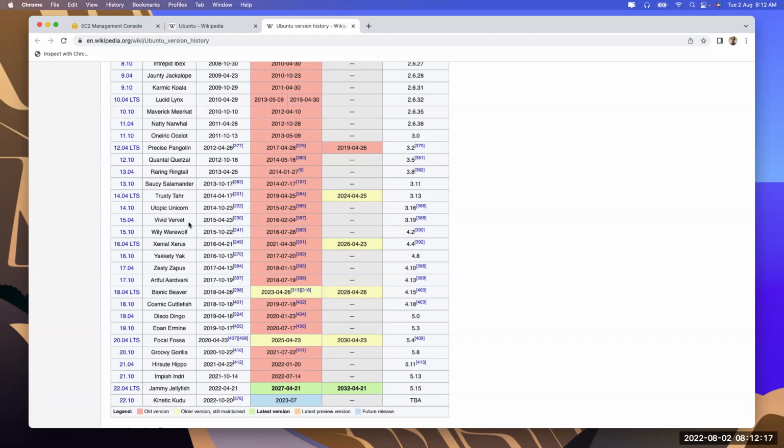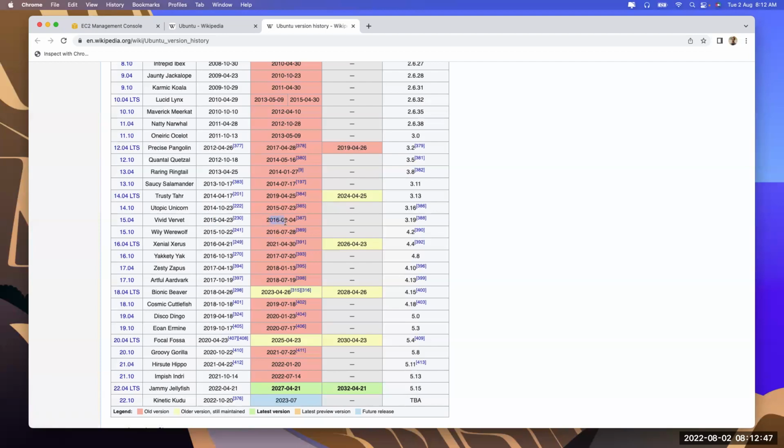But anyways, the only difference is LTS will give you support for 5 years and security updates for 10 years, whereas non-LTS will only give you support for a few months. See over here, 1410 came in 2014, update stopped in 2015 itself. 1504 came in 2015, support stopped in 2016.